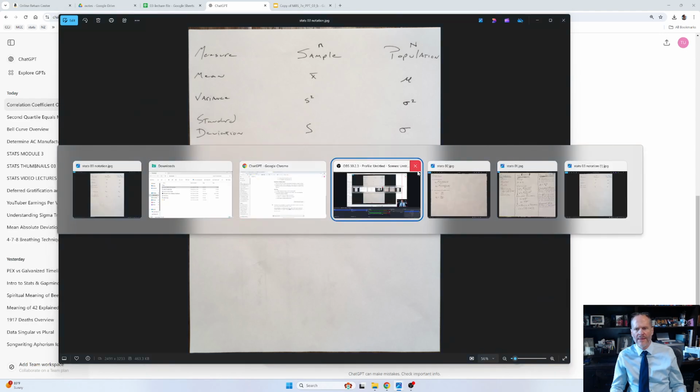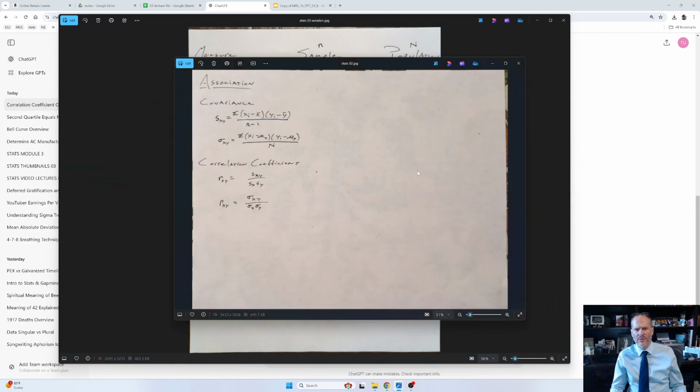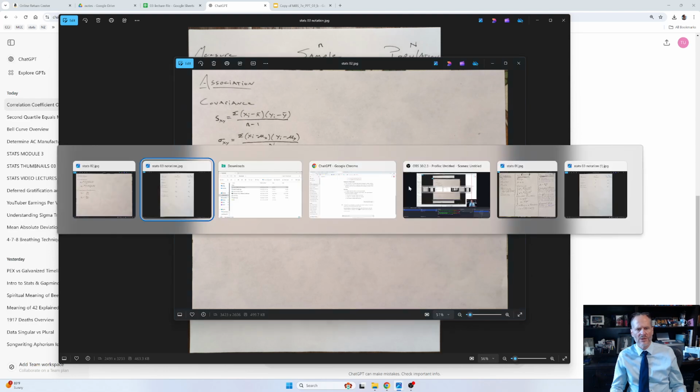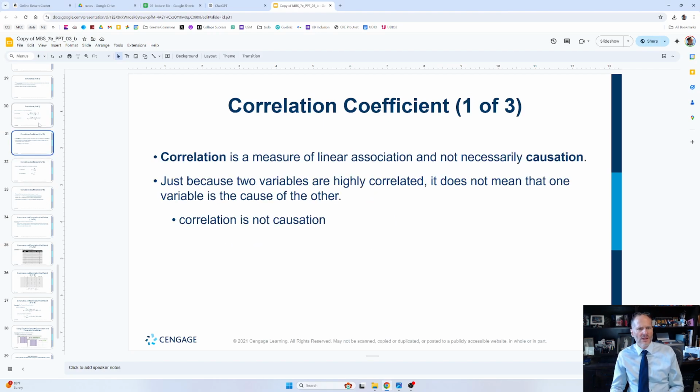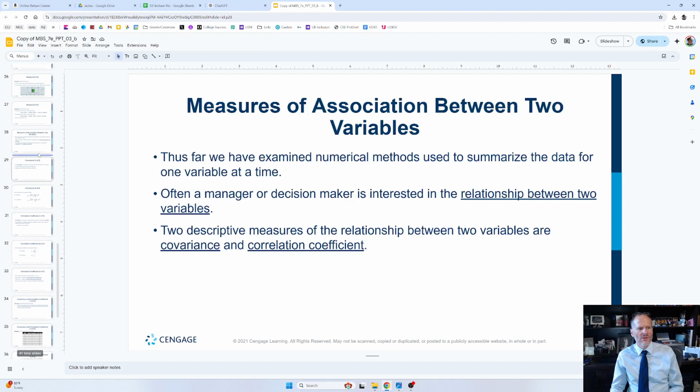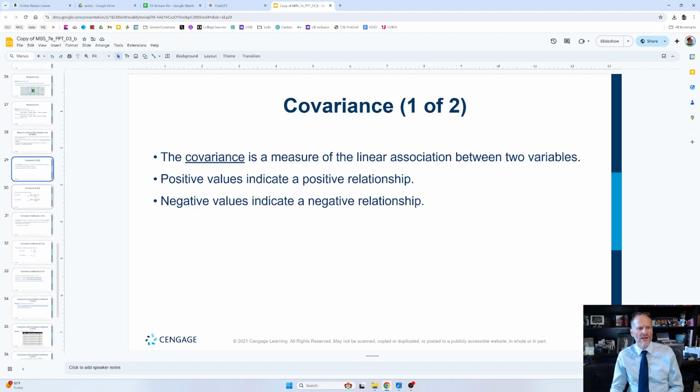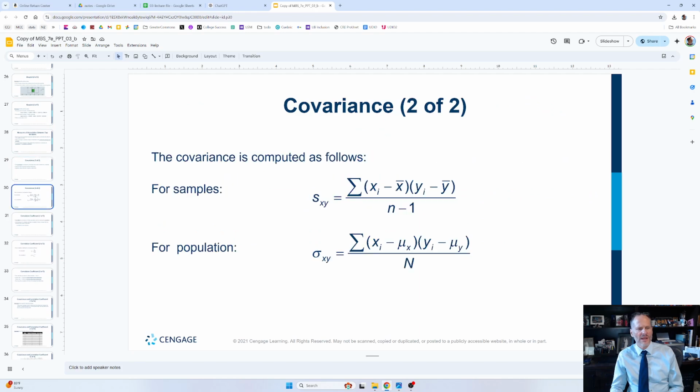And then also on our formulas, we have this one right here where I have the covariance formula and also the correlation coefficient. So S, sigma, R, and rho right there is how we do those. So let's see the presentation again. Here in the correlation coefficient, we were talking about covariance first, and with covariance we went over positive and negative relationships.